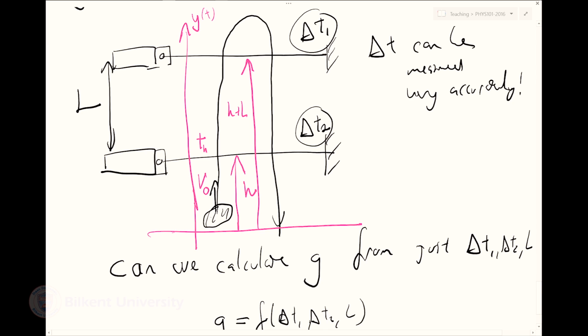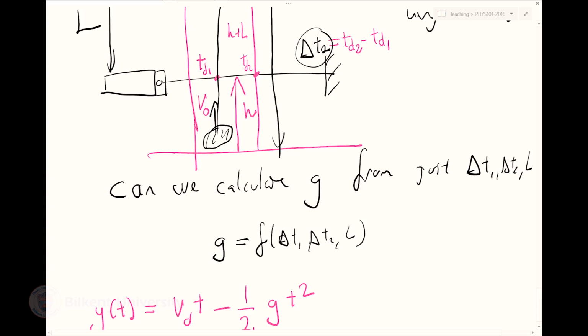So I can actually define, let's say, the times my object crosses the first laser or second laser, or let me call these t up and t down. This is t down 1, t down 2, and t up 1 and t up 2. So delta t1 will be t up 2 minus t up 1. Delta t2 will be t down 2 minus t down 1.